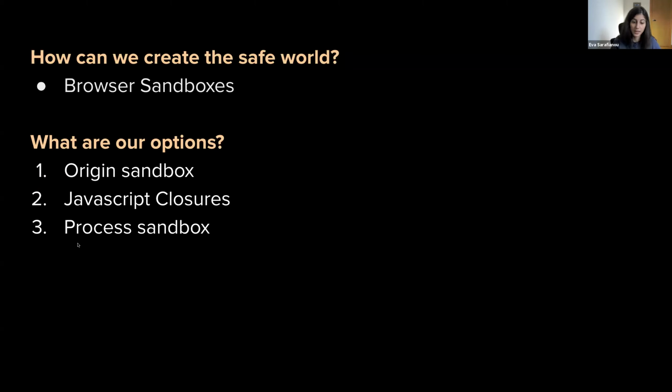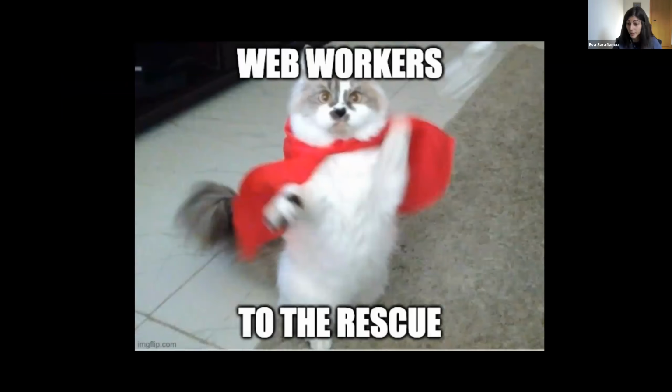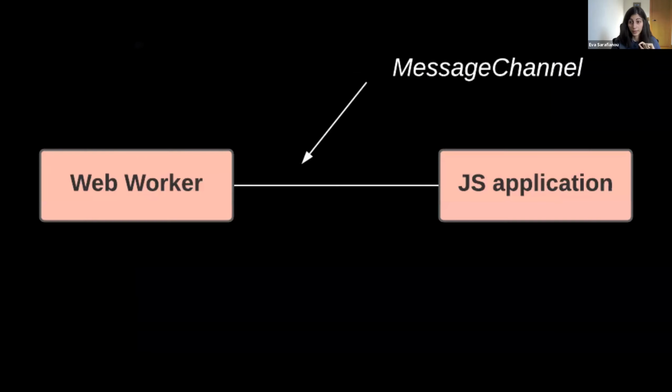And what we haven't discussed so far is Process Sandbox. And this is where web workers come into play. There is one very, very important requirement for using web workers to work correctly.